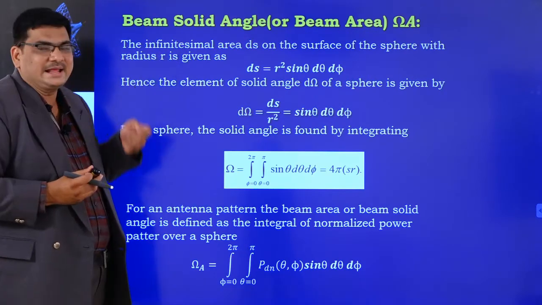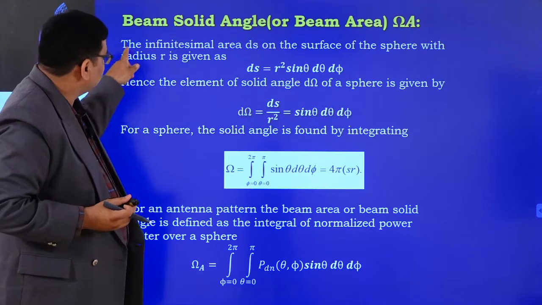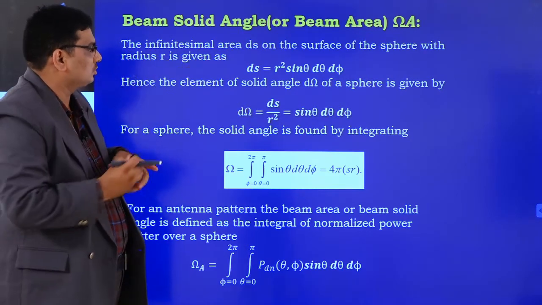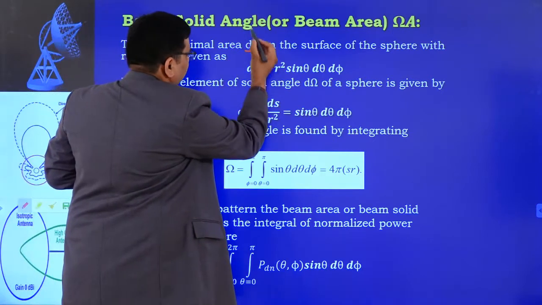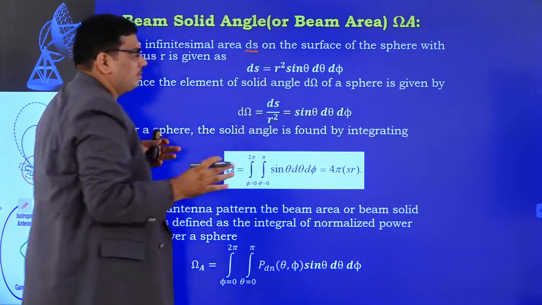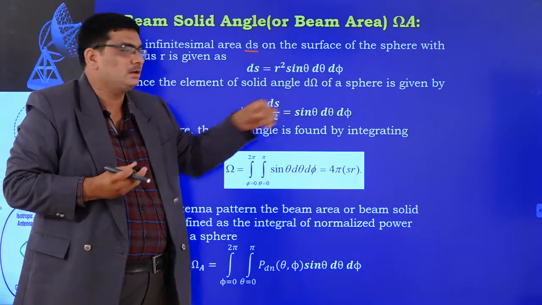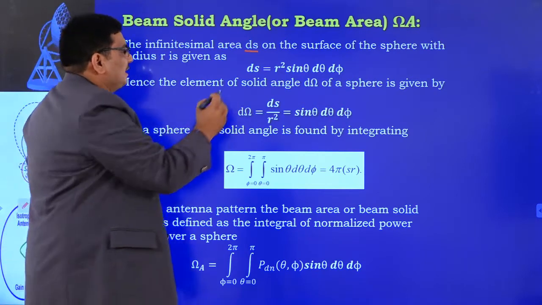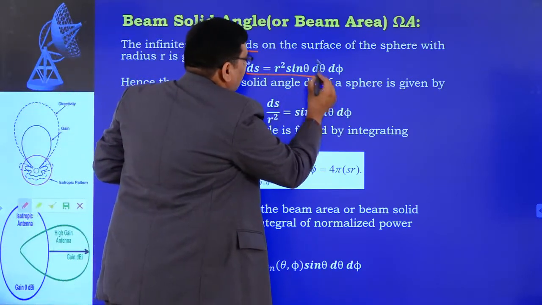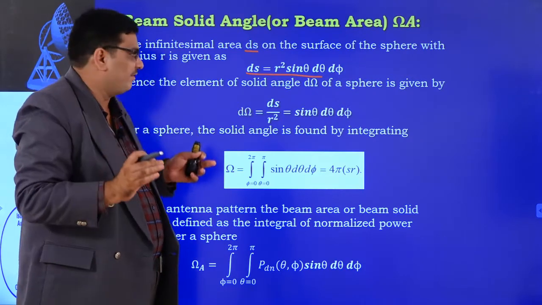Here we are taking a small piece of area, that is the infinitesimal area. In the figure we have written it as dA, but we have also written it as ds, whatever, no problem. We take ds on the surface of the sphere with radius r. In the diagram, dA is given as r square sin theta d theta d phi.